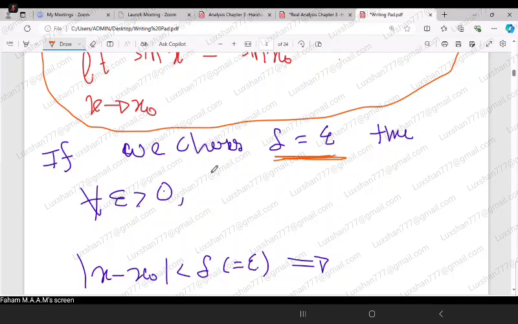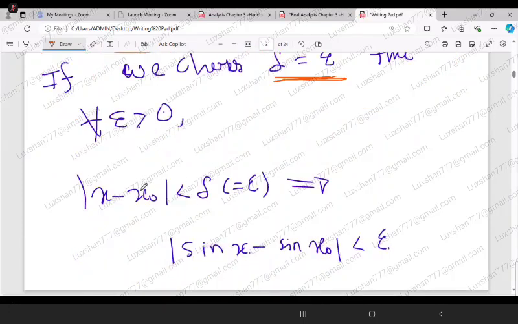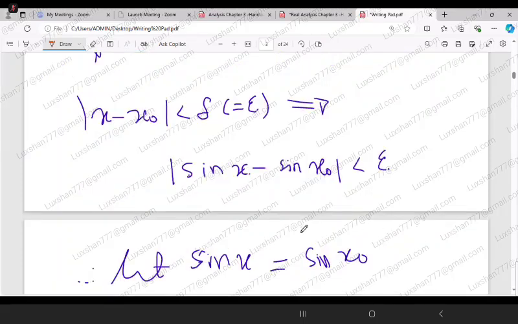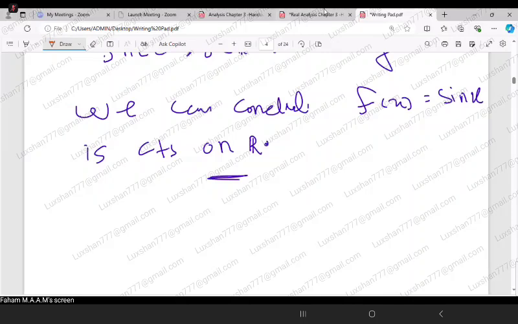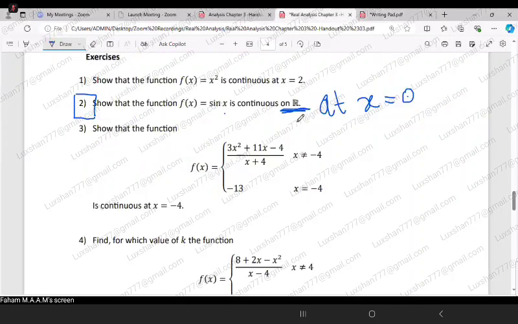If we choose delta equal epsilon, then for all epsilon, mod of x minus x naught less than delta will imply mod of sin x minus sin x naught less than epsilon. Okay, so that's a different thing. Actually here we proved that at x equals 0 last time, but the question is continuity on R. So if it is continuous on R, you have to choose it accordingly. Okay.